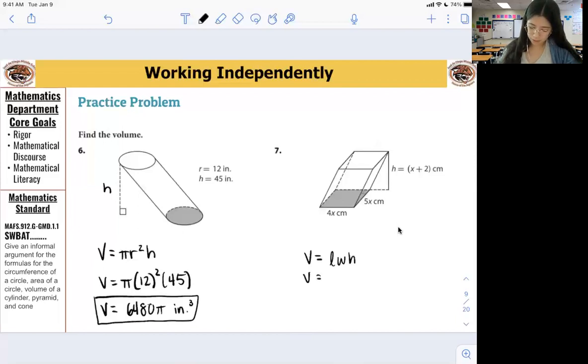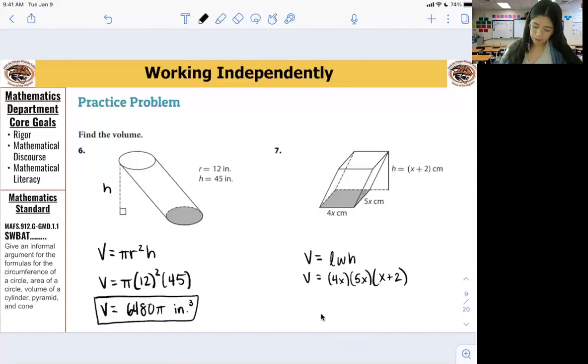So I have 4x times 5x times x plus 2. What should I do first here? Well, it's not really foiling because I have a monomial and then a binomial. So which of these should I multiply?